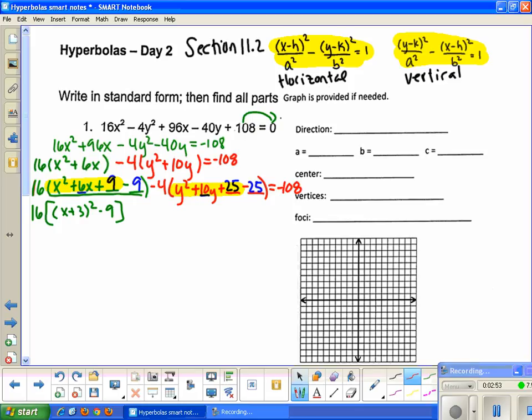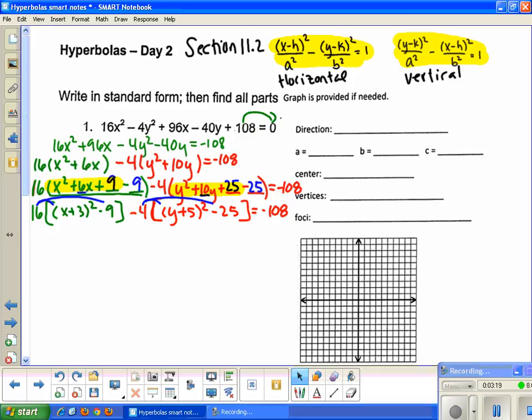And then over here, I have minus 4, and this becomes y plus 5 times y plus 5, which becomes y plus 5 squared. And again, I put it in the double parentheses because right now I'm going to have to remember to take this 16 and multiply it by both these terms here and the negative 4 by both these terms here.